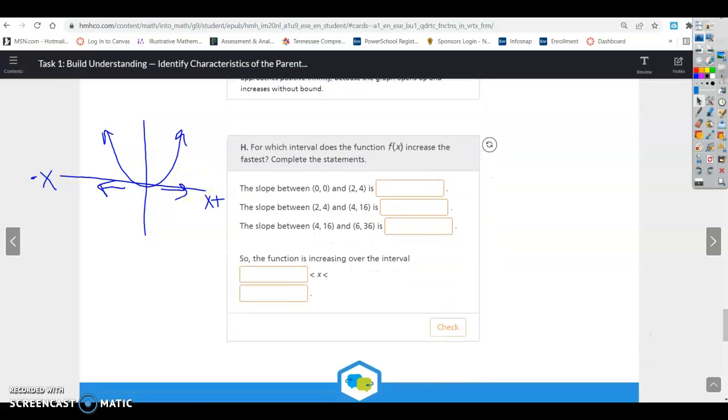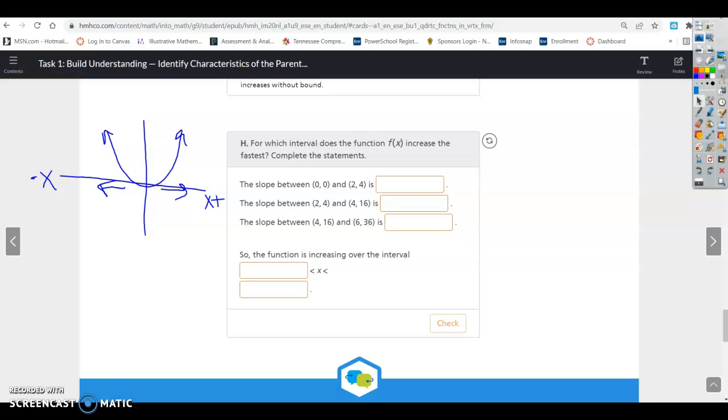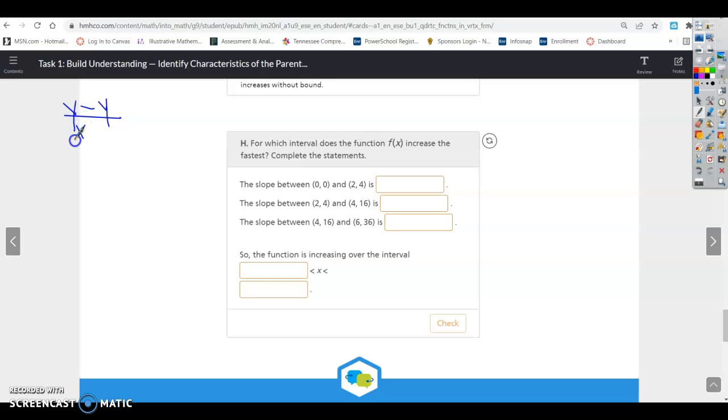All right. For which interval does the function f of x increase the fastest? All right. So the slope from (0, 0) to (2, 4). To find the slope, remember we take y minus y divided by x minus x. So we're going to do 4 minus 0 over 2 minus 0. 4 divided by 2 is 2.